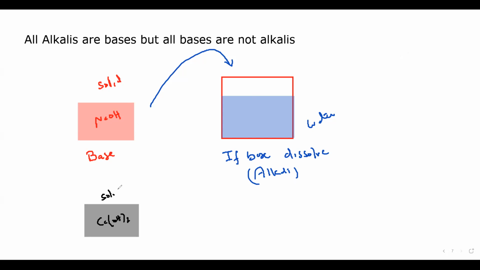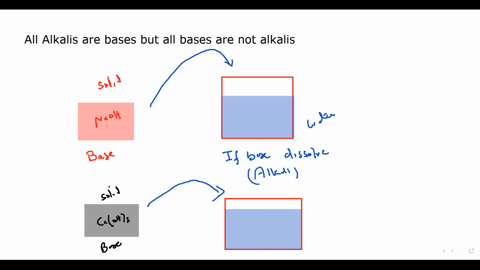Calcium hydroxide is also a solid at room temperature because it is a hydroxide, so it means it will be a base. You take a container filled with water and you add that base to water, and what you observe is that the base does not mix with water, it remains as it is.